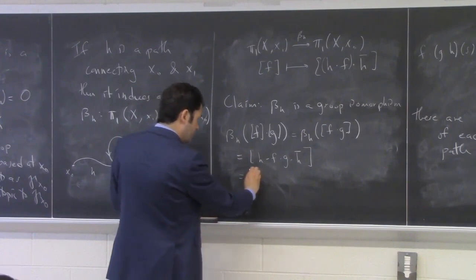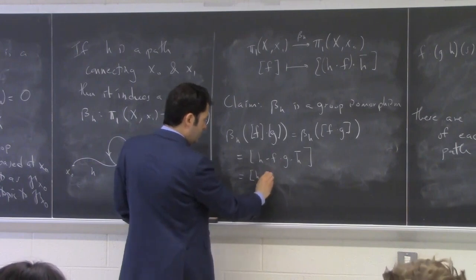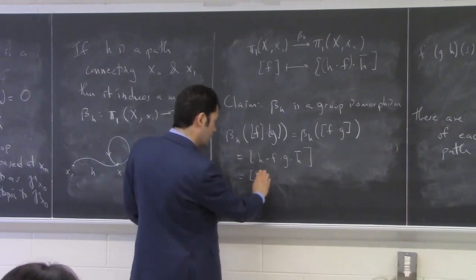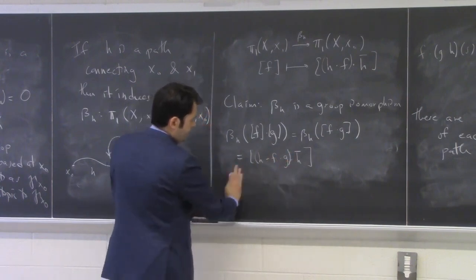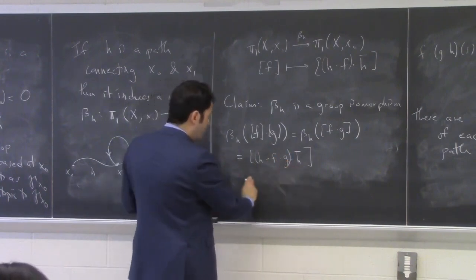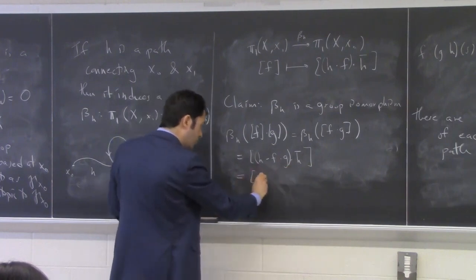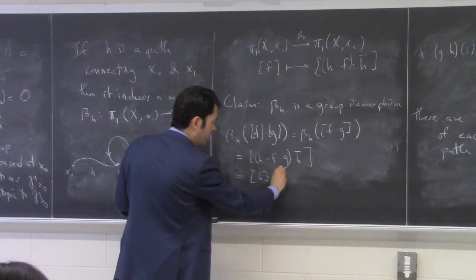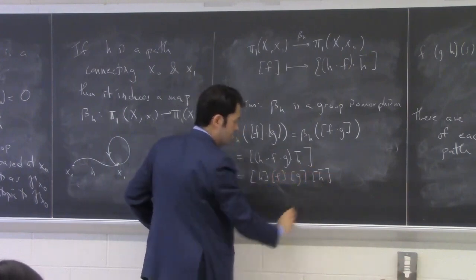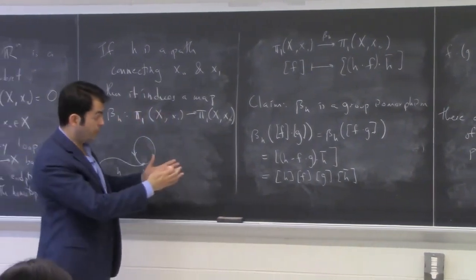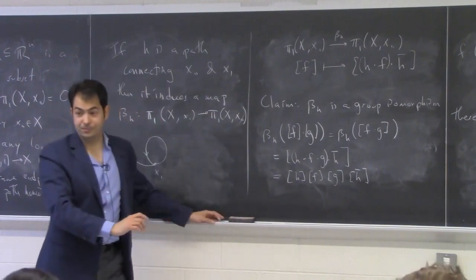Within the fundamental groupoid, I can separate these out to the individual paths, and here it's associative, so I don't have to worry about parentheses.